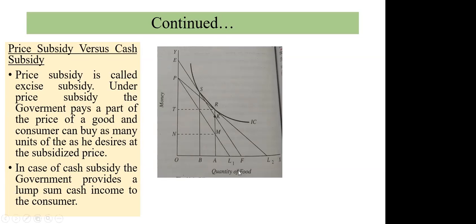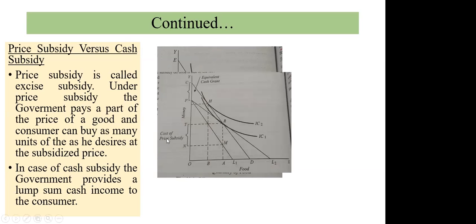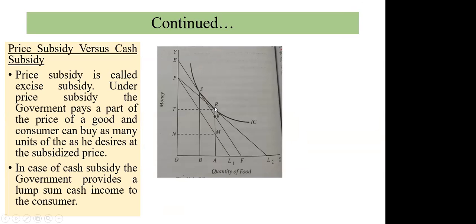So if we look at this PL1 and draw a perpendicular from this R to PL1, we will see that it cuts PL1 at point M. So if the initial price line was PL1 and there is no subsidy, then to buy this OA quantity of food, I would have paid PN amount, because at this M point, I am indifferent about ON amount of money income and OA amount of food.